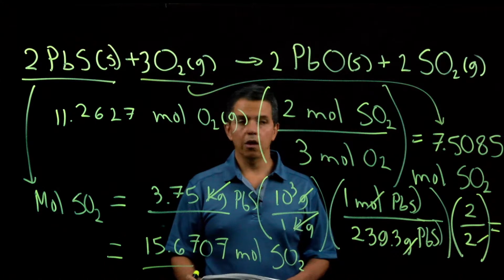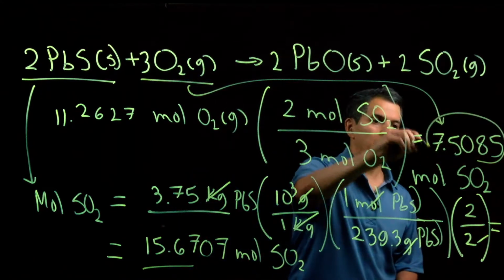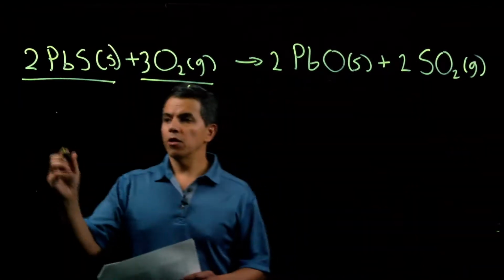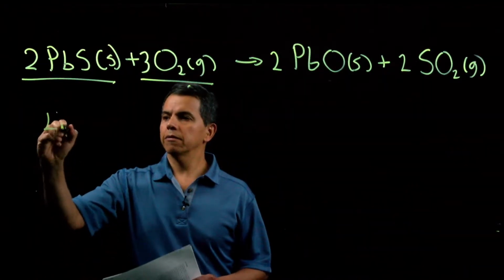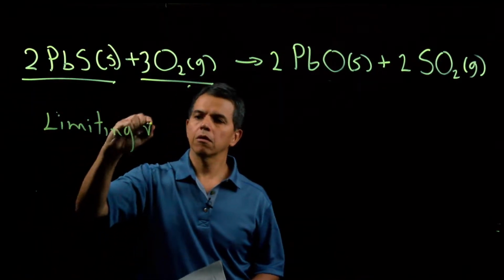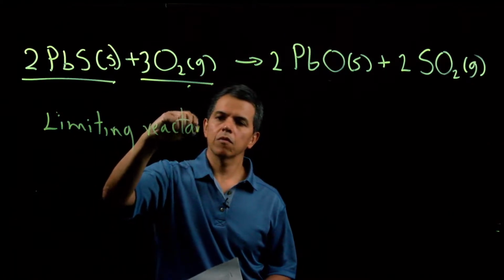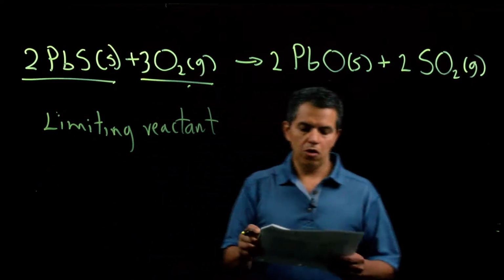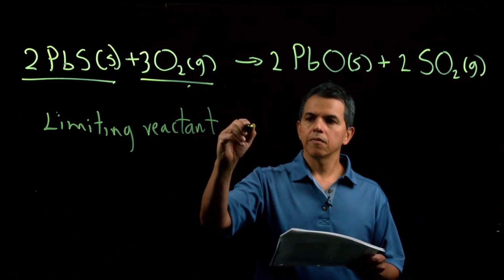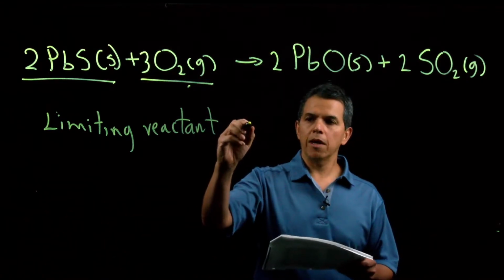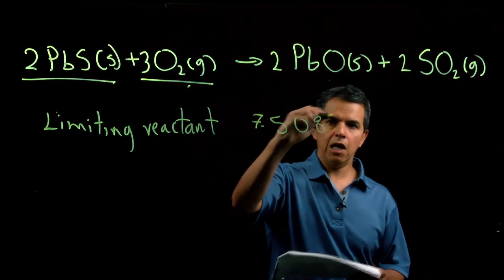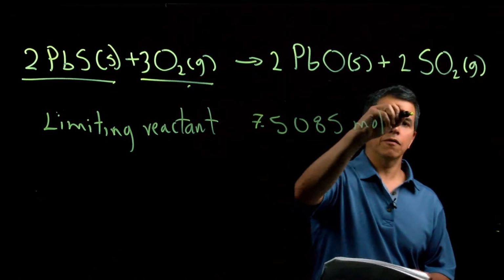The smallest of these two is this number, so oxygen is the limiting reagent. And the number of moles of sulfur dioxide produced based on oxygen is 7.5085 moles.